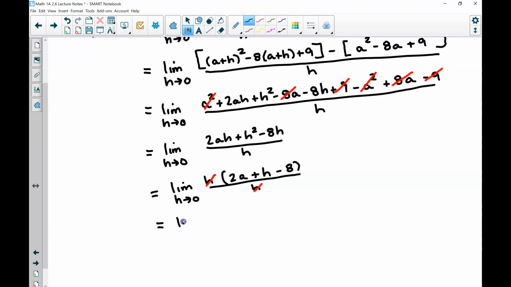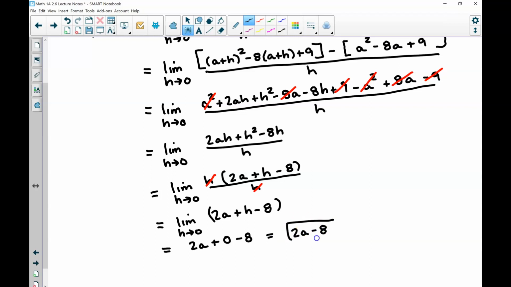So now this becomes the limit as h approaches 0 of 2a plus h minus 8. And now we can apply the limit as h approaches 0. So we're going to have 2a plus 0 minus 8, which ultimately gives us 2a minus 8.